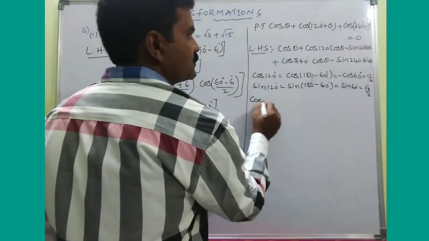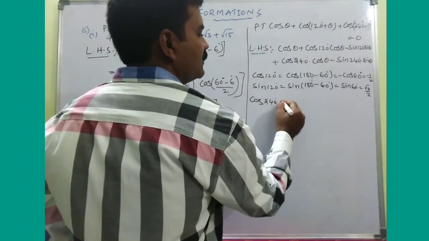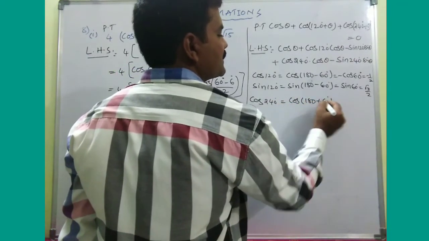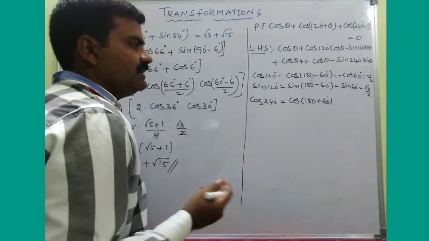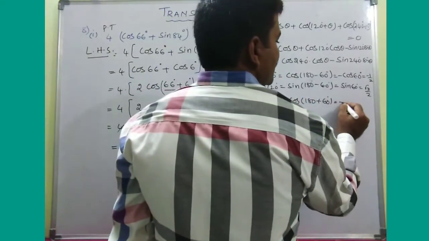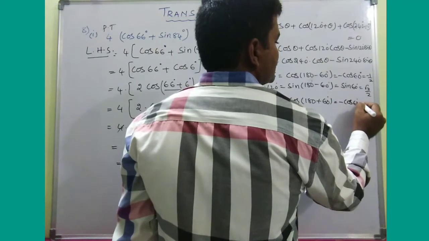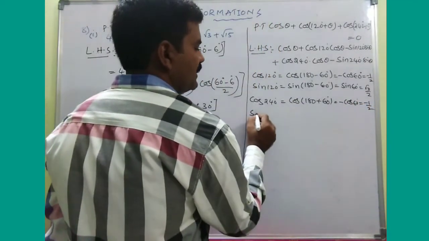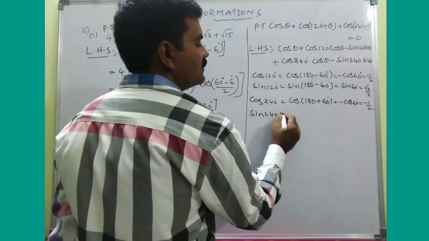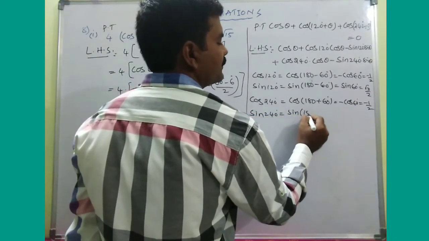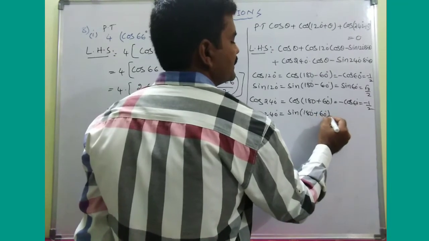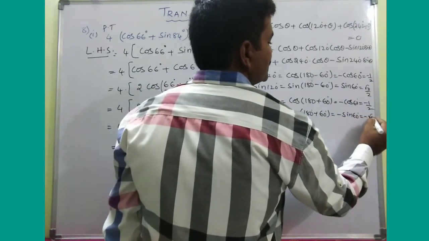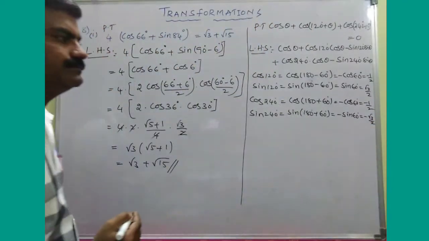What about cos 240? 240 I can write as 180 plus 60, right? So 180 plus theta, third quadrant, once again cos is negative, hence this value is minus 1 by 2. And sin 240 can be written as sin of 180 plus 60, which is also minus sin 60, which is minus root 3 by 2.